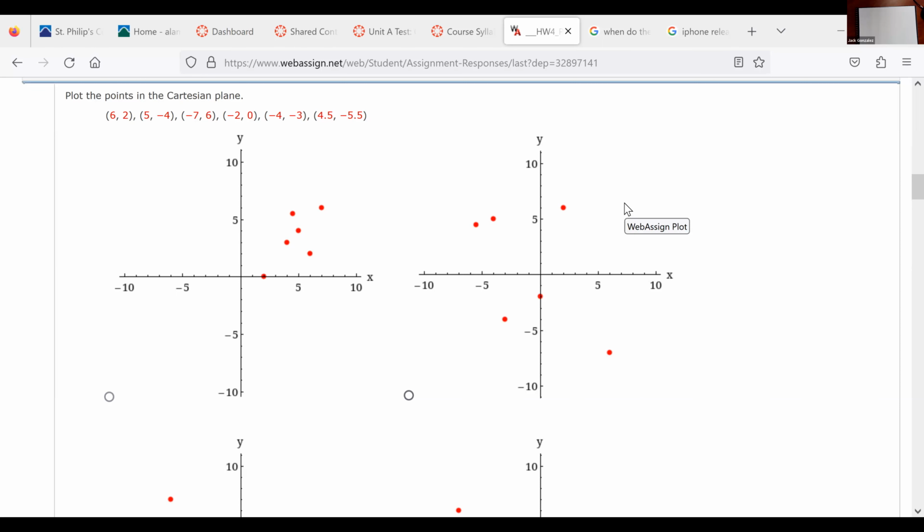So it's always quadrant 1, 2, 3, 4. In quadrant 1, everything is plus. So if you remember that, then right away you should know that anything with a negative will not be in that section. Over here we have negative, plus. Here we have double negatives for x and y.